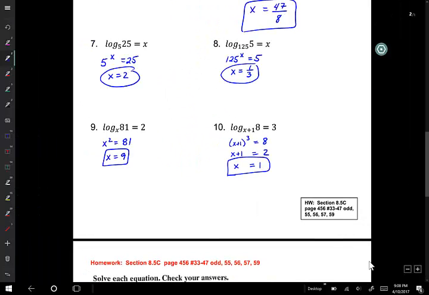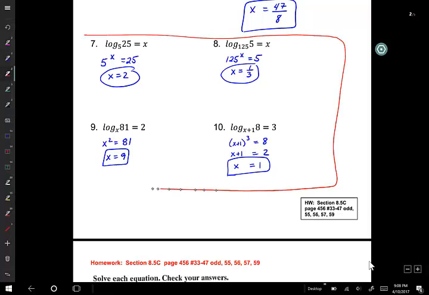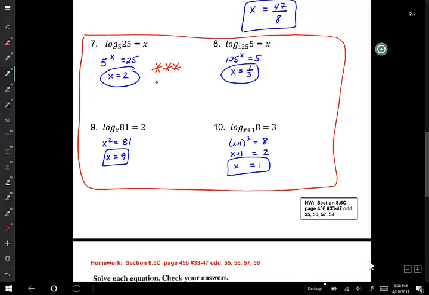But I think the big thing to realize is that on these four problems, you might not need to change these to exponential form.